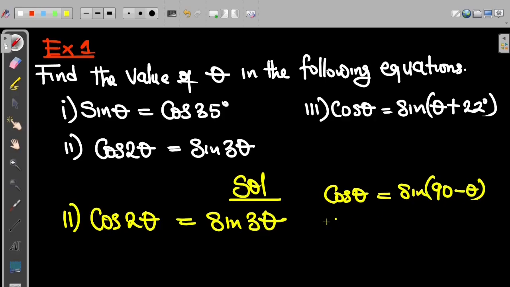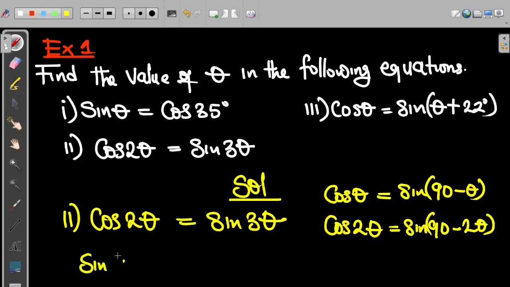It follows that cos 2 theta is equal to sine 90 minus 2 theta. So therefore, at the point where we have cos 2 theta, we can replace it with sine 90 minus 2 theta. So this becomes sine 90 minus 2 theta equal to sine 3 theta.